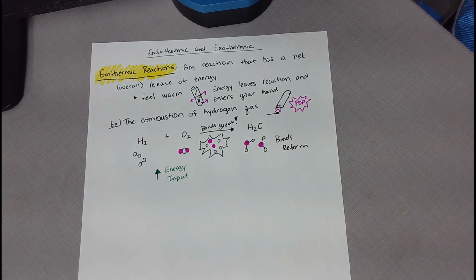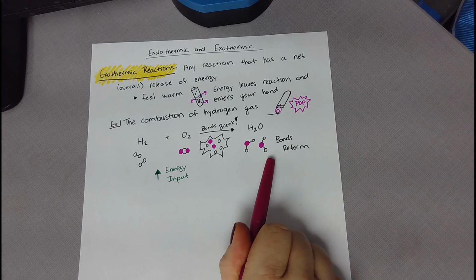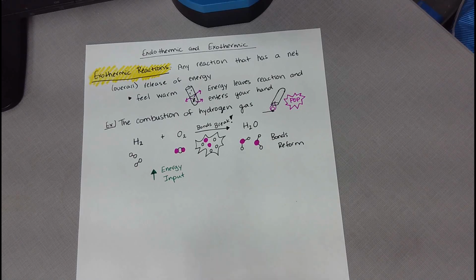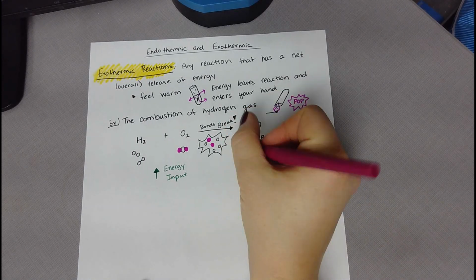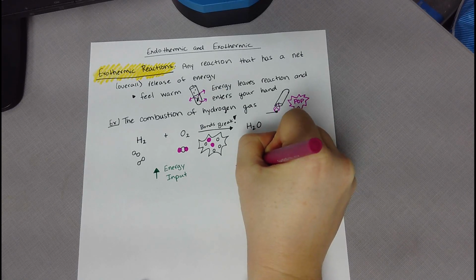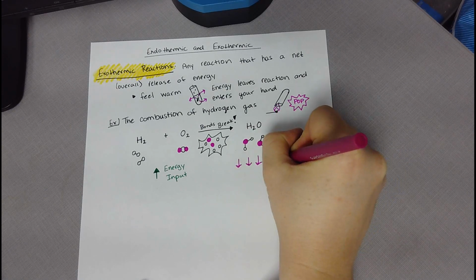And when those bonds reform, that energy leaves the system. And we're going to have more leave than we had enter. This loud pop was a lot of energy exiting at the same time. So let's say we have 4 energy units exiting at the same time. This is going to be my energy output.